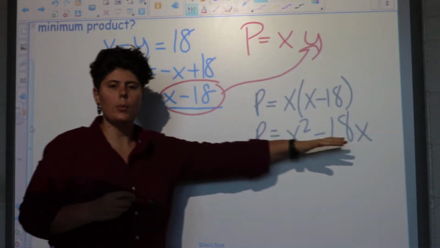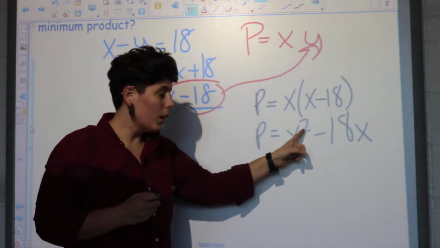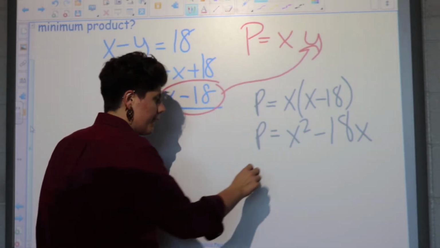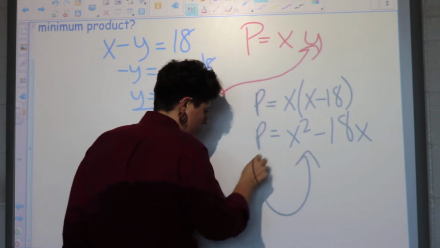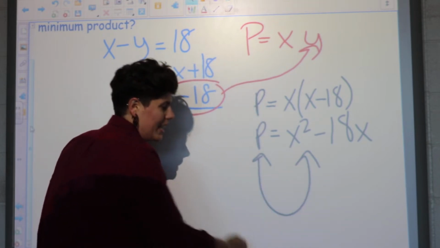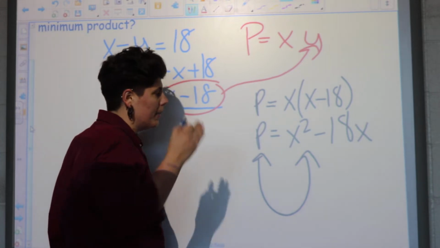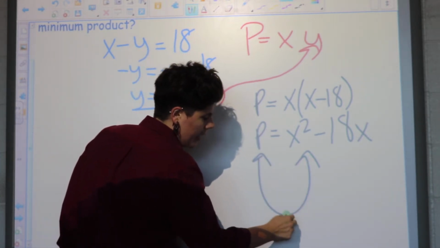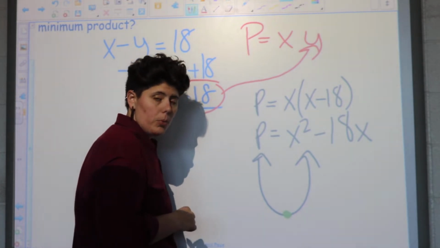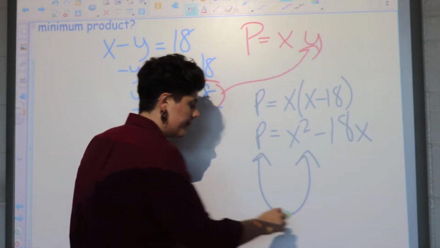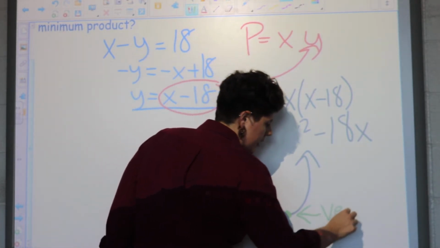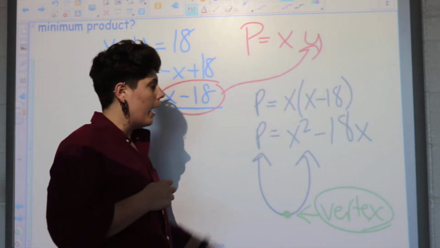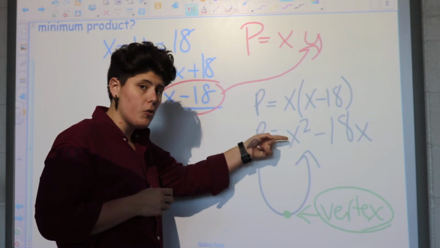Let's think about what we're given here. I have a quadratic, and its leading coefficient is 1, which means it's a face-up quadratic. Which means if I'm interested in the minimum product, well, the minimum on this graph happens to be located at a special point. Yep, that point is the vertex. And I'm pretty sure a couple days ago you learned how to find the vertex in standard form.